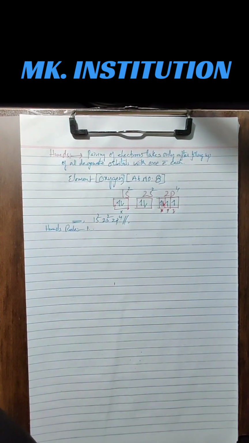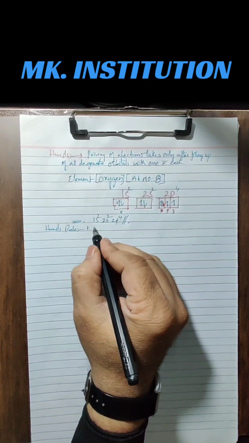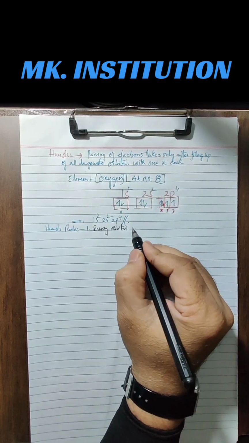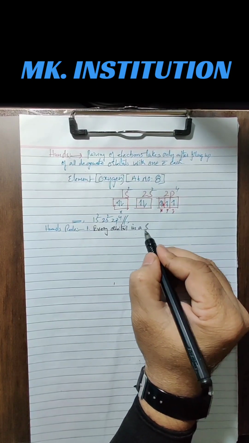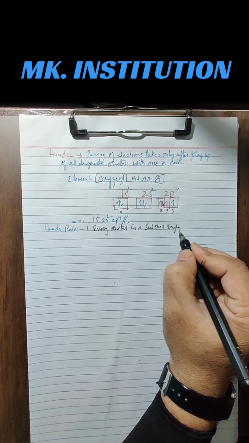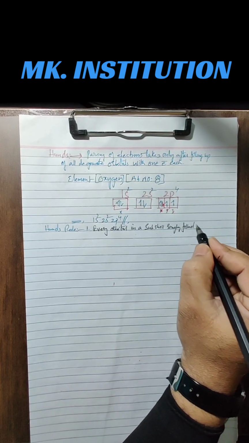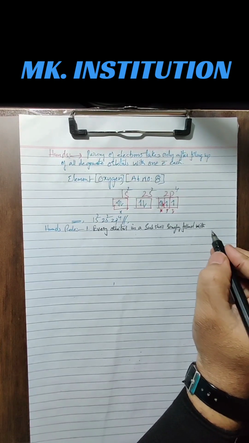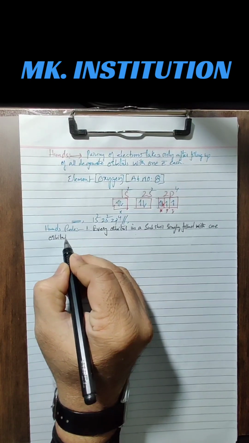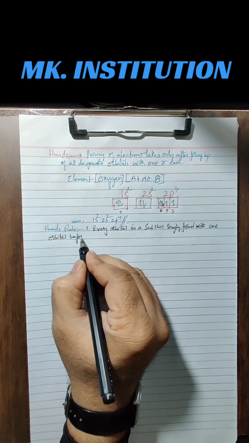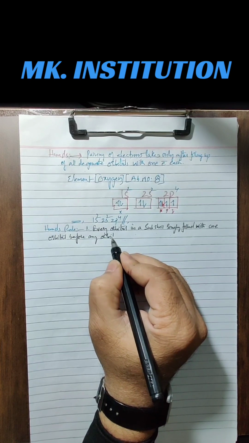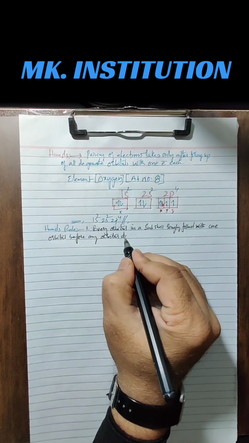The first one is that every orbital in a subshell is singly filled with one electron before any orbital is doubly filled.